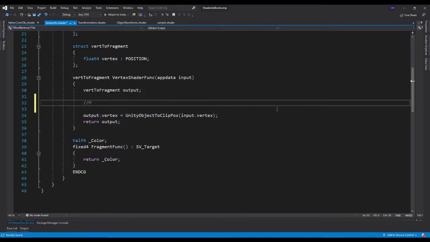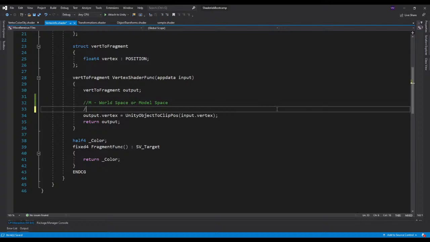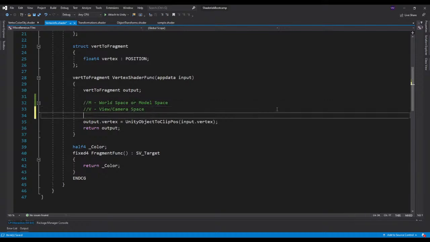First of all, M is equal to world space or model space. V is view, the camera is the view from which you are viewing. P is projection, after everything is clamped onto the screen.